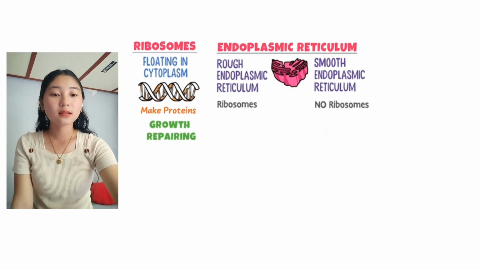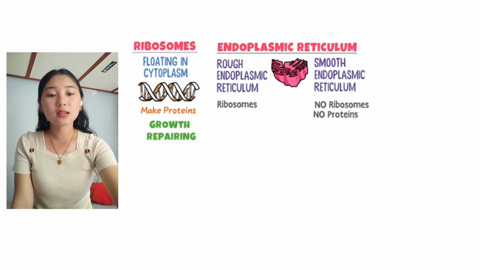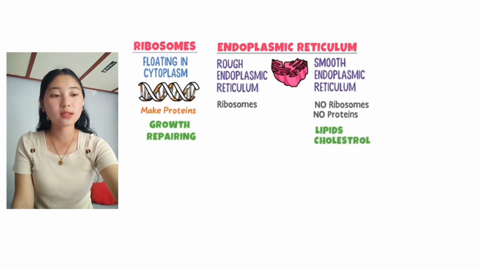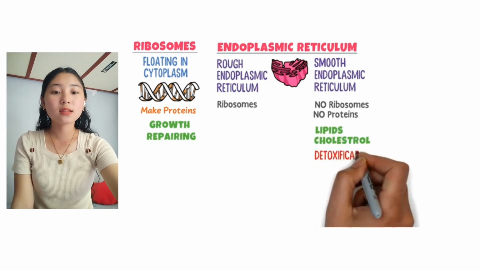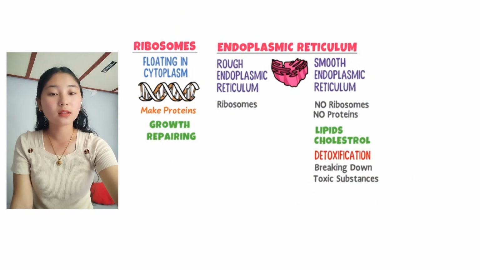It means that smooth endoplasmic reticulum does not produce any protein because it has no ribosomes, but it produces lipids or cholesterol. Furthermore, it also does detoxification. It means breaking down of the toxic substances within the cell.